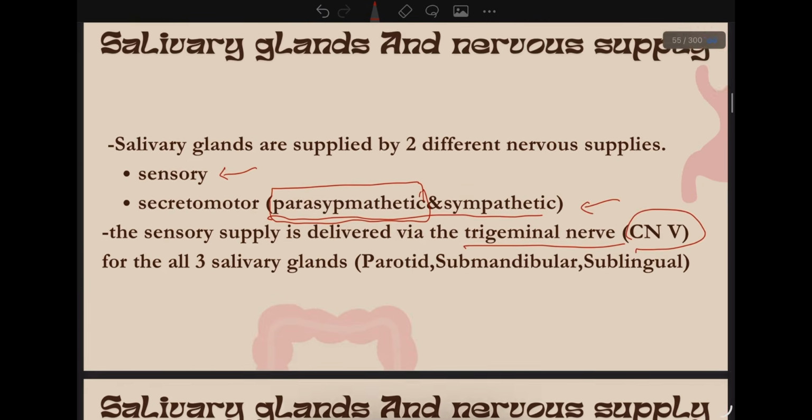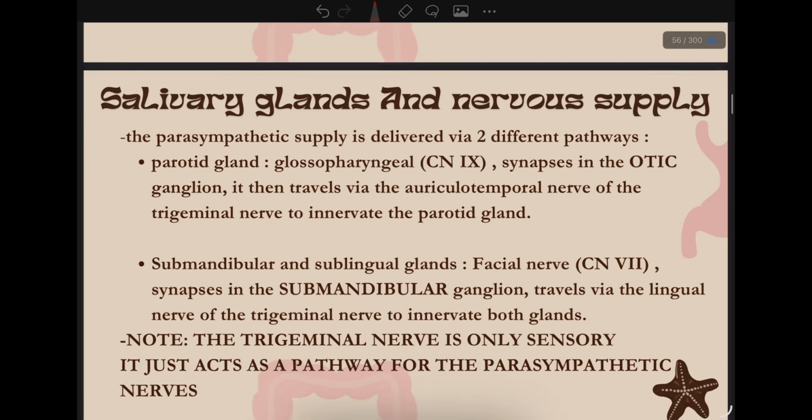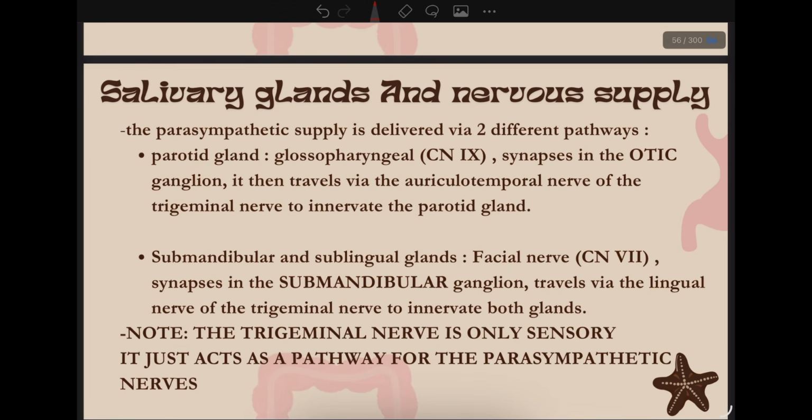Now, I want you to remember something: two things for each. Just two more pieces of information that I want you to know. The ganglion that the glossopharyngeal synapses onto is called the otic ganglion. Please remember: otic is from ear in Latin, and the parotid is next to the ear, so it makes sense.